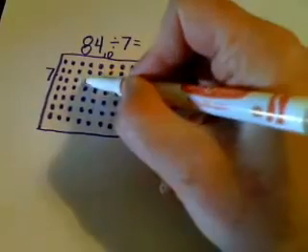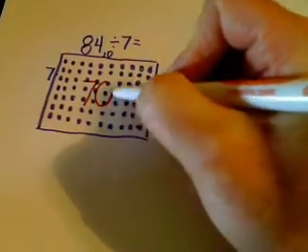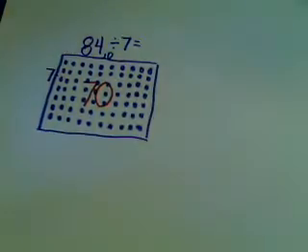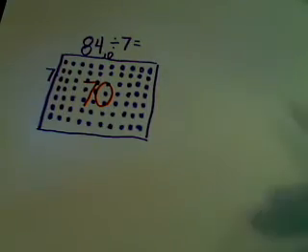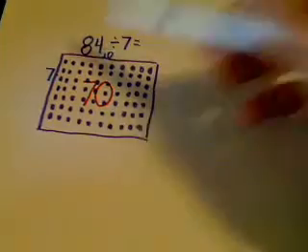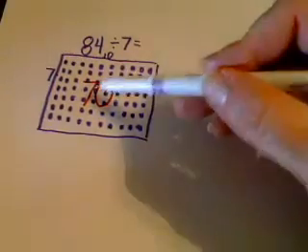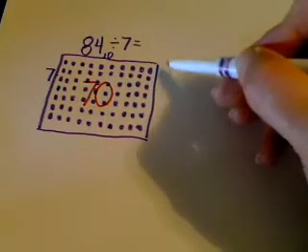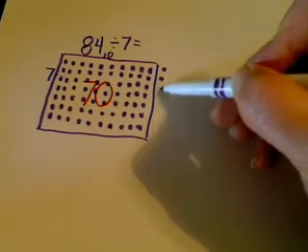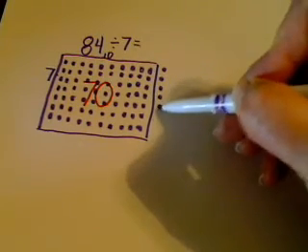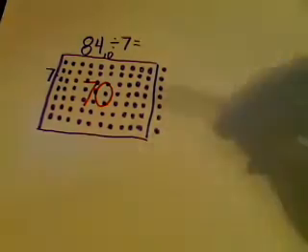Now there's 70 in here. I can count them, but I just know that. But I haven't done all 84. I've only taken 70 of the 84. So I need to figure out, again, how many more groups of 7 I need to add to that to get to 84.